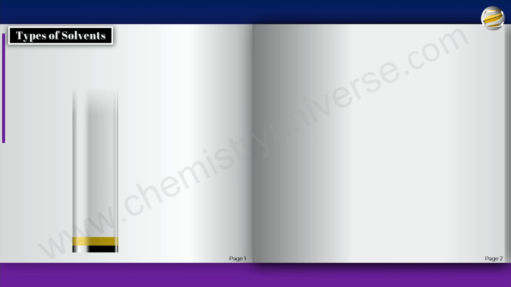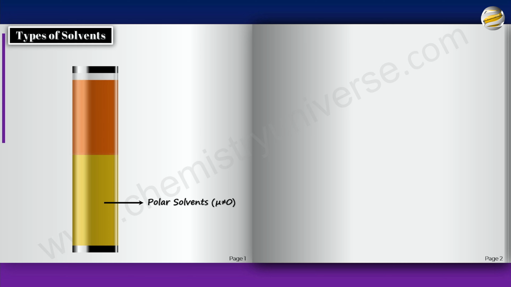Now, when it comes to the various types of solvents, there are basically 2 types. Solvents can be categorized basically as 2 types. One set as the polar solvents, and obviously the other set has to be the non-polar solvents.